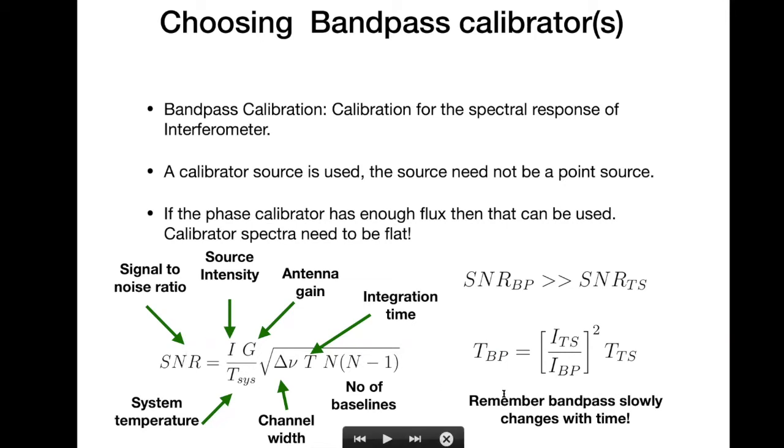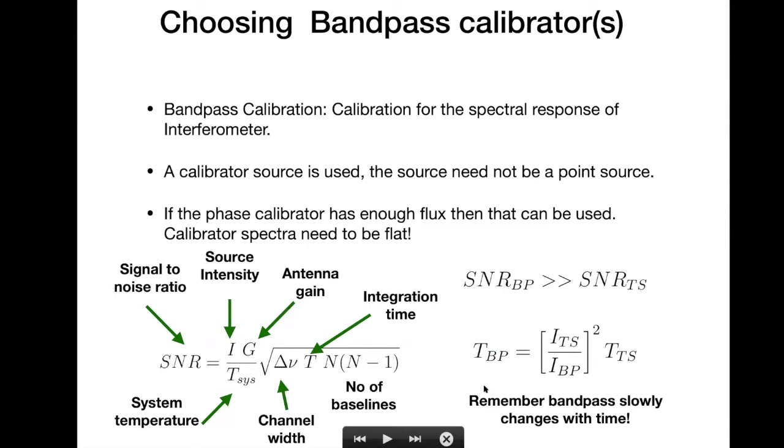So now you can figure out what should be the time scale over which you should observe your calibrator. It is such that your bandpass calibrator is supposed to have a much higher signal to noise compared to the observing source, the target source of observation.